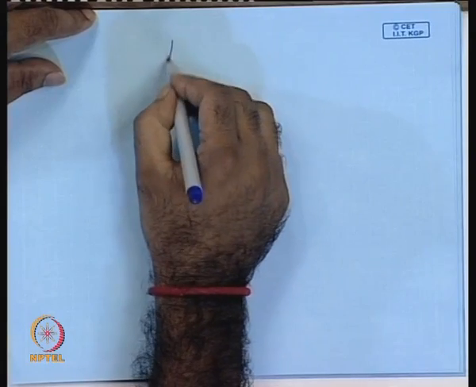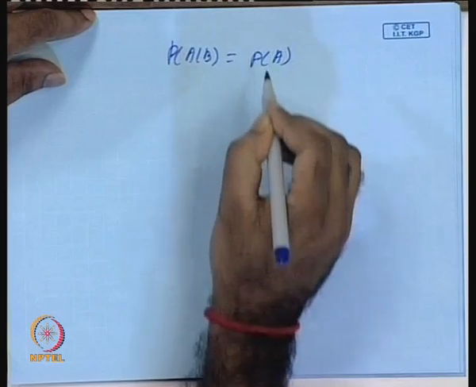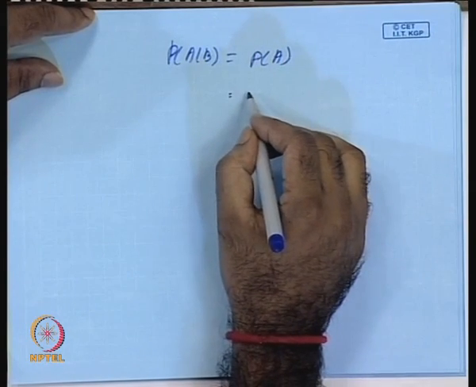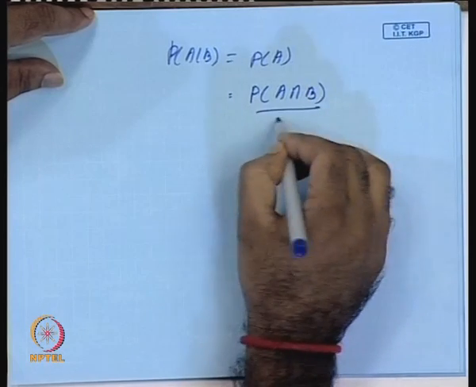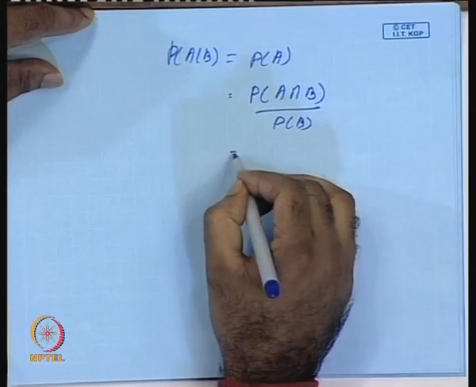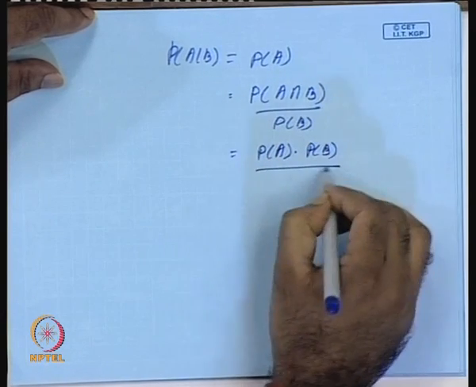Okay. Now for independent events, if the two events are independent, then probability of A given B is simply equal to probability of A, because it is nothing but probability of A intersection B divided by probability of B, and probability of A intersection B is nothing but probability of A into probability of B, because they are independent.